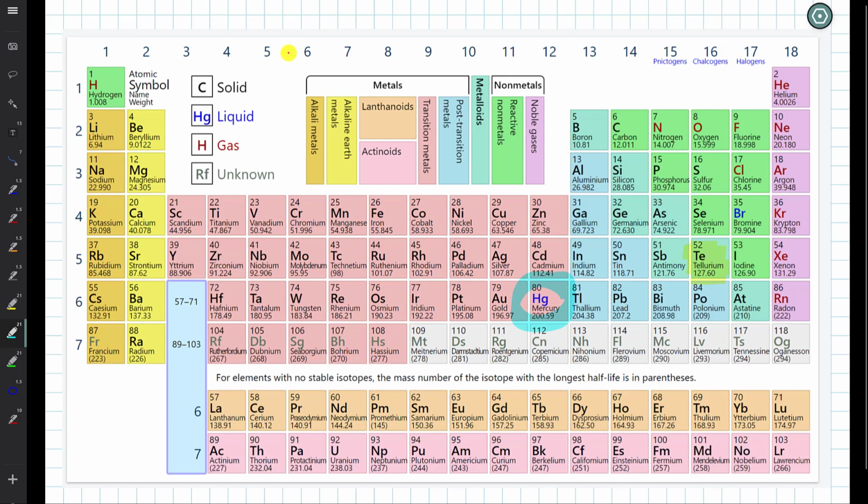Or you could simply remember that this is 6S, because it's energy level 6. This must then be 5D10. So that's what it's going to end as. I'm going to say 5D10 is the end. And then what's before 5D?